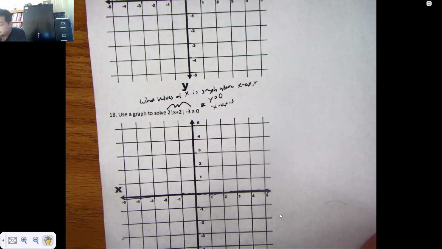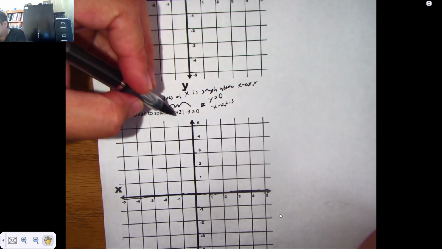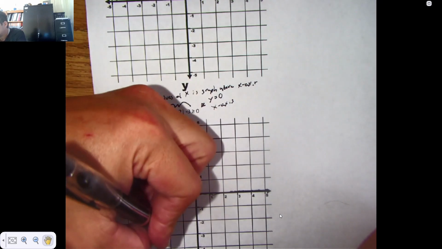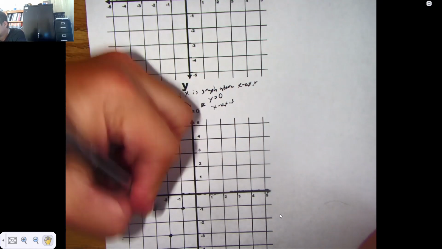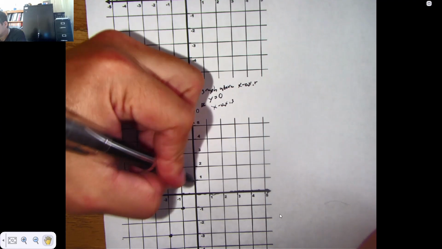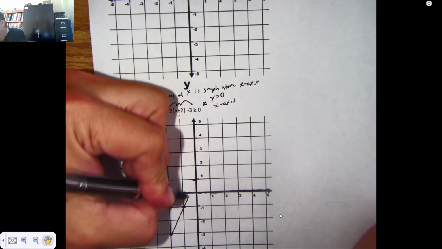So we see this thing would go down 3 and left 2. And it would rise 2 and run 1. And it would look like this.